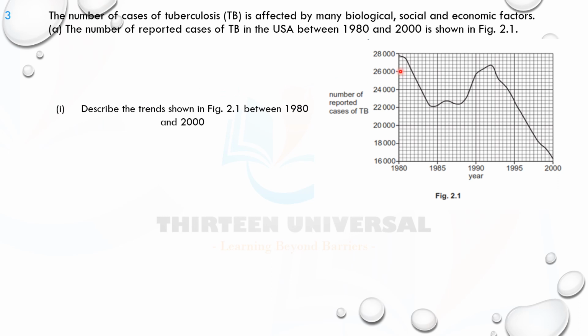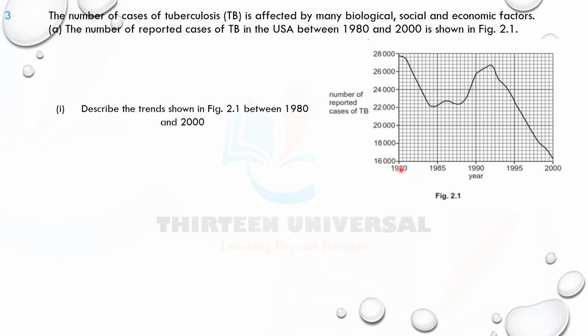Can you see that there's a decrease, then an increase again, and then a decrease? But generally, you find the general trend. The general trend is a general decrease from 1980 to 2000. But you need to find the value for each box.